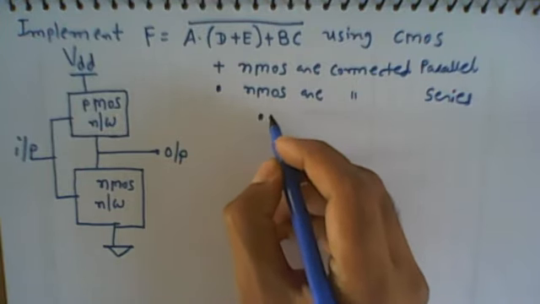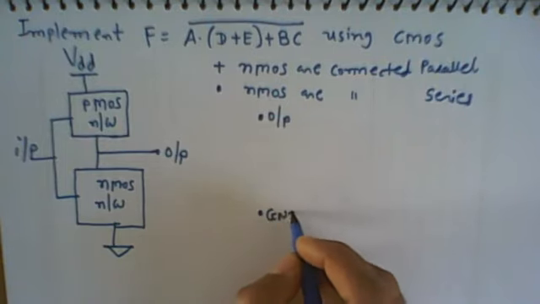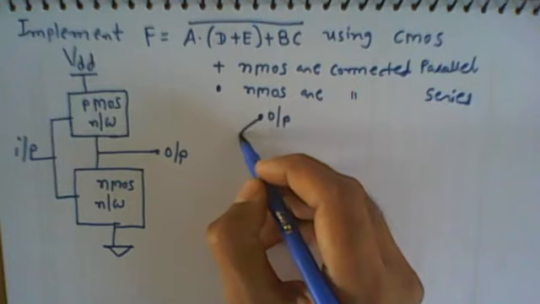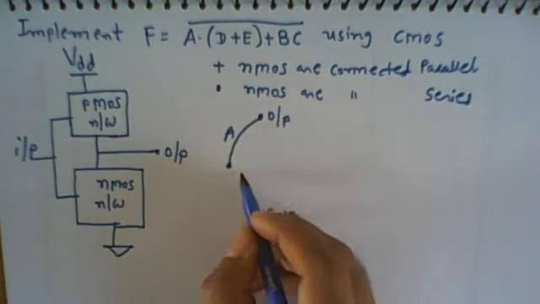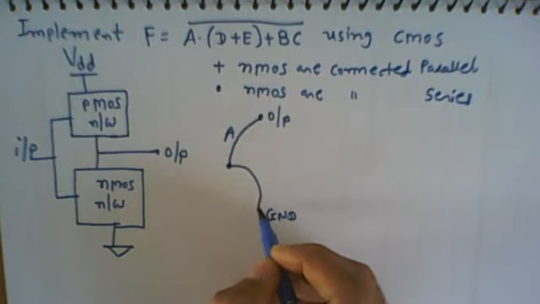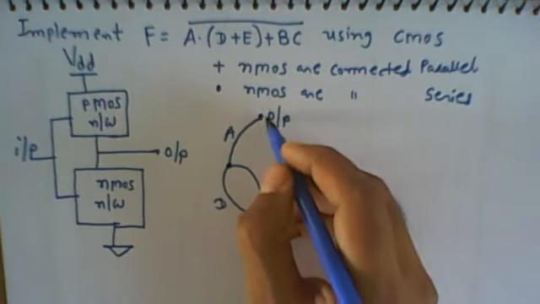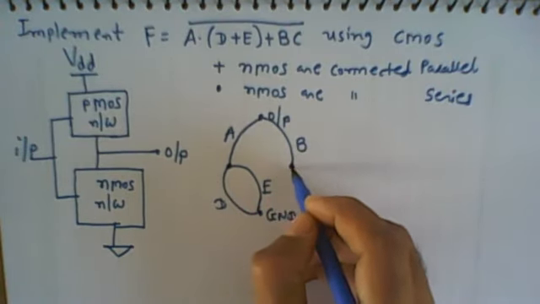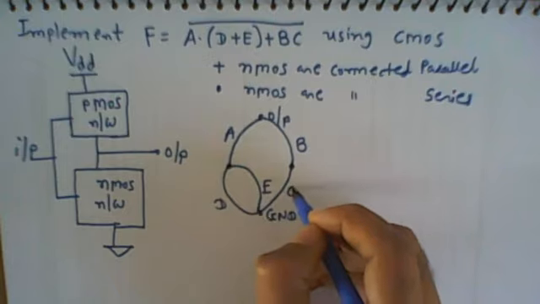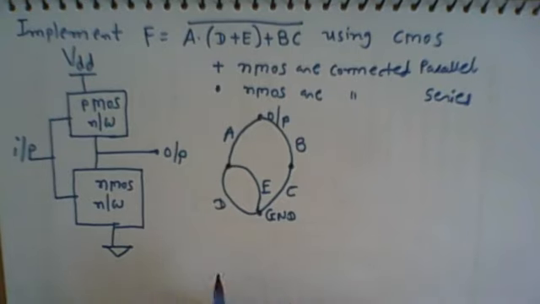We already did exercises to find the NMOS network, and we know it has a branch of A MOSFET. Here, having the node, D and E MOSFETs are in parallel, and this is in parallel with B and C, which are in cascade. So this is the graph of the NMOS network.